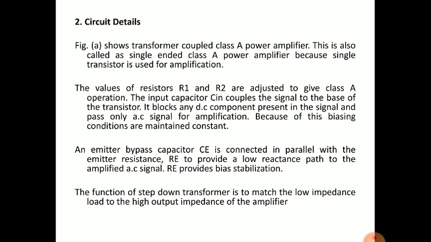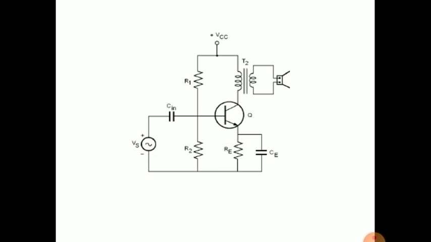So that should be the connection. And if you can see the circuit diagram, it is a class A power amplifier because we use the power transistor, and the load RL is replaced with a transformer load, and the final end load is a loudspeaker. It is the symbol of a loudspeaker.